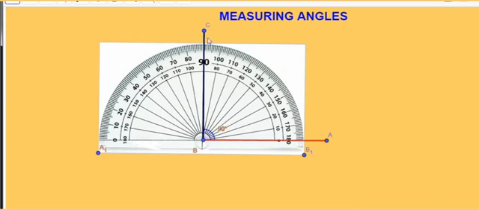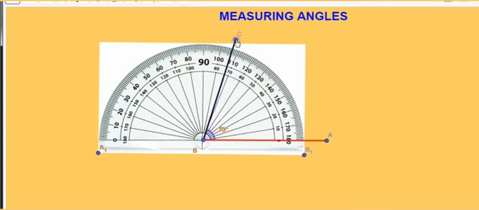Now I am making another angle. Now tell me, what is the measurement of this angle? Yes, it is 50 degree. You have started from 0, 10, 20, 30, 40, 50.